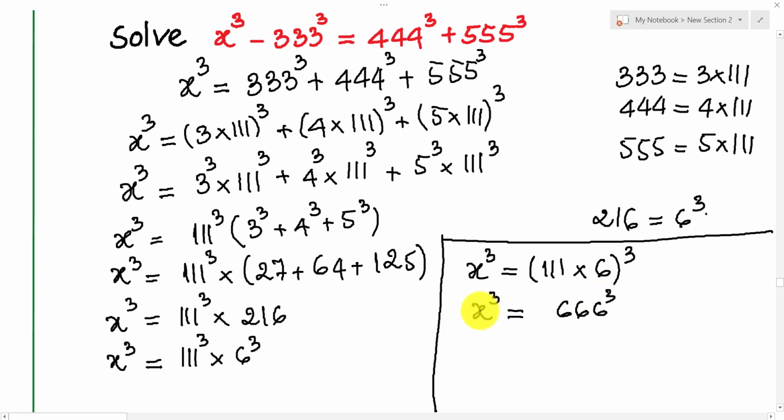So x power 3 equal 666 power 3. So we get x equal 666 is our solution.